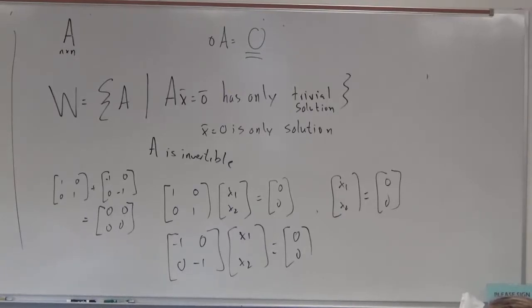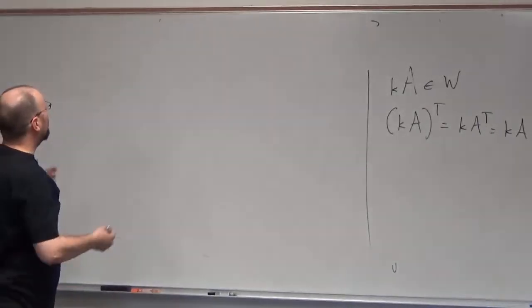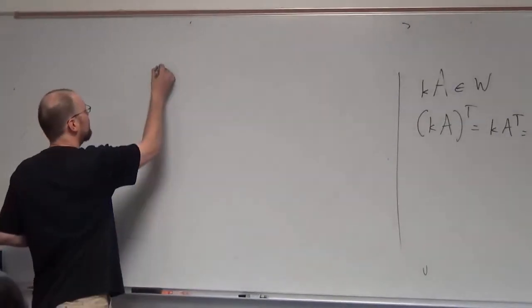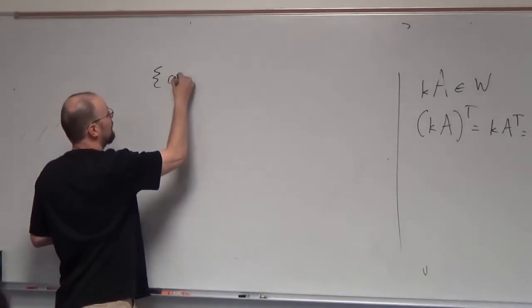Does anybody know what a Fourier series is? Have you heard of it? No? Well, anyway, I won't go into it. There's a very important vector space, which is the set of sines and cosines that look like this.